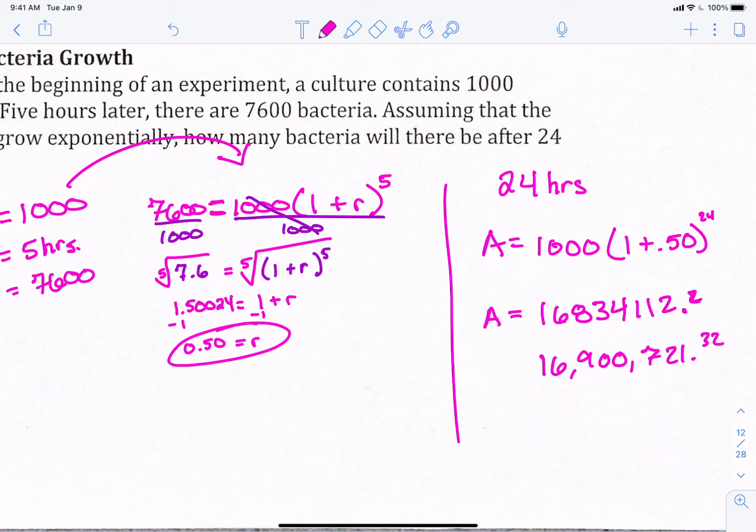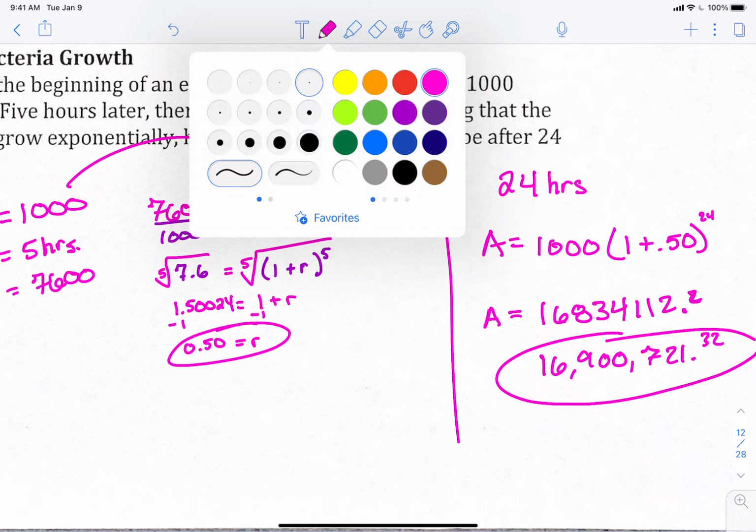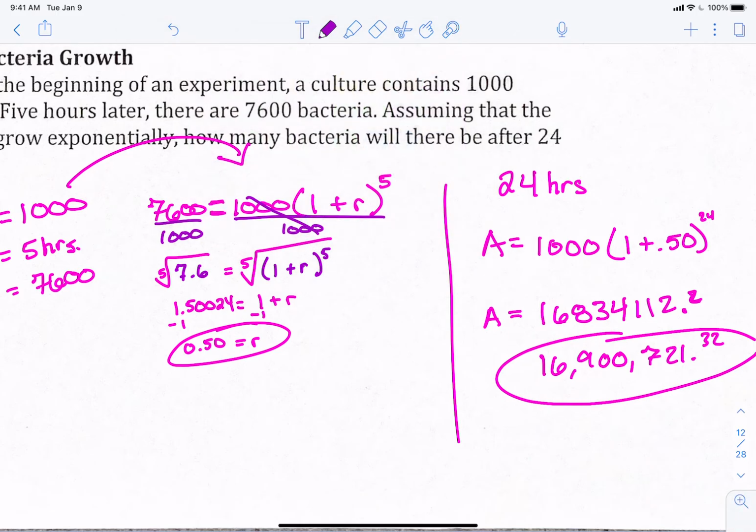Which one's more accurate technically? Allie's. And technically you can't have 0.32 of a bacteria. I guess it's splitting or something. So almost 17 million bacteria.